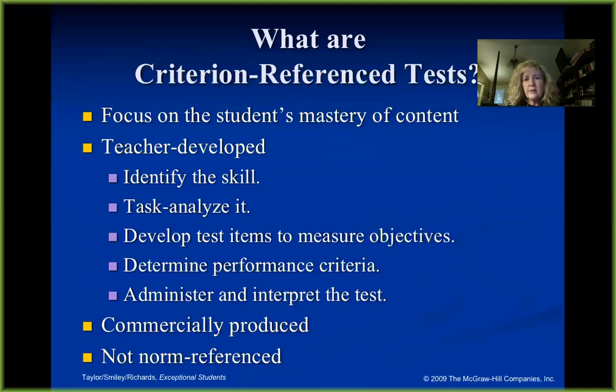With a criterion reference test, you're comparing that person not with other people, but with a certain standard or criterion. You look at that skill, then you're going to measure that person's achievement based upon how they do measured against that skill.